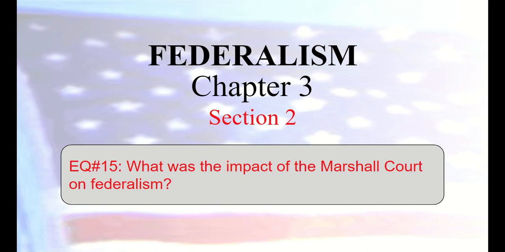And then finally, they sort of restrict that power a little bit in Barron versus Baltimore, saying that the federal Constitution does not protect individuals from state action. It only protects individuals from federal action.